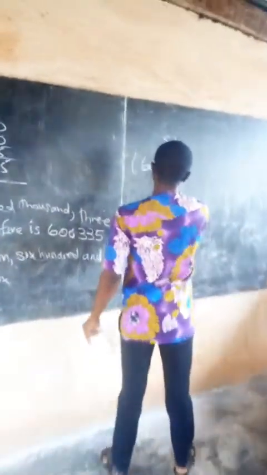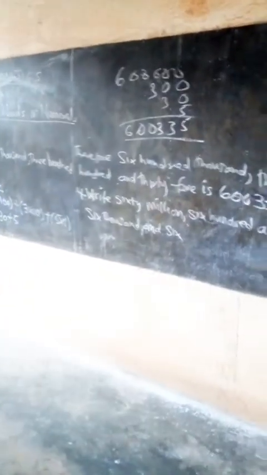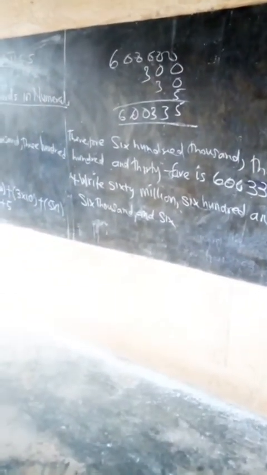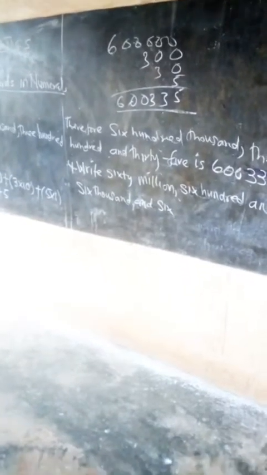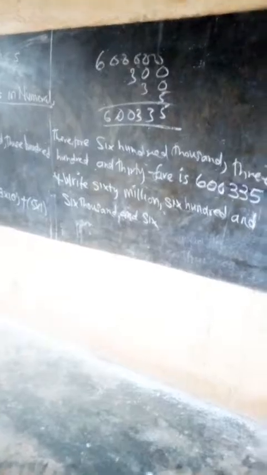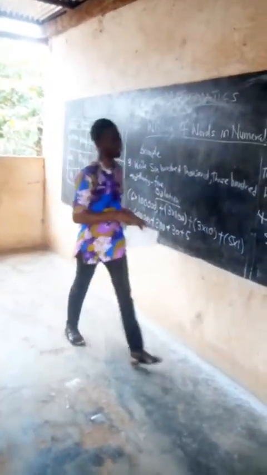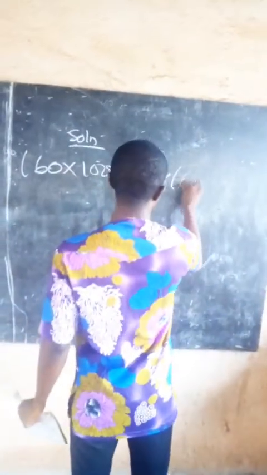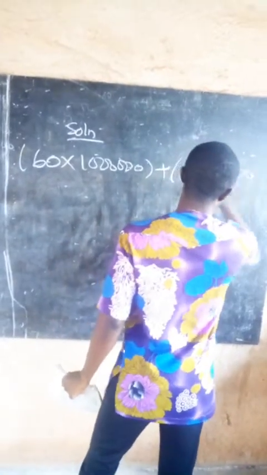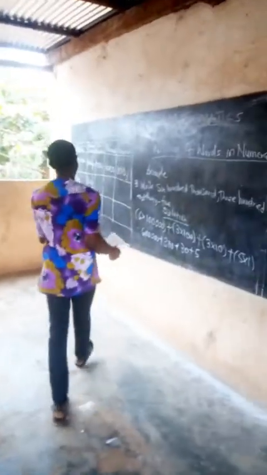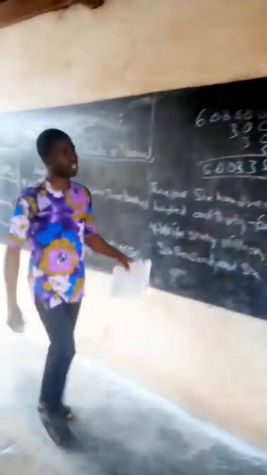It's 60 times 1 million. 1, 2, 3, 4, 5, 6. 600,000, the 6 is in the hundred thousands place. 6 times 100,000.